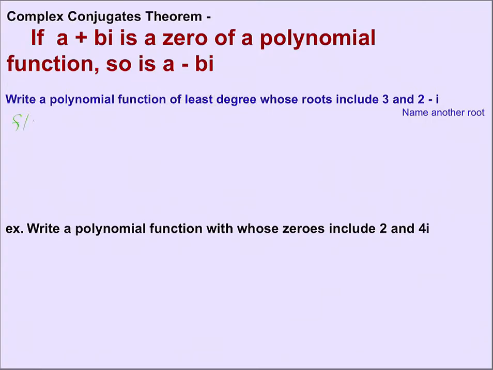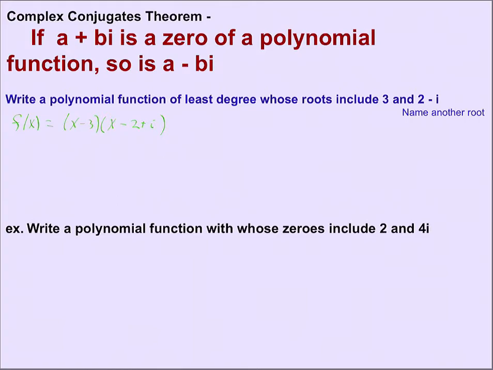So our function is going to have roots at 3, which means there's a factor of x minus 3, and a root at 2 minus i, which means there's a factor of x minus 2 minus i. But remember that 2 minus i is a root, so I should really call that 2 plus i in the factor.